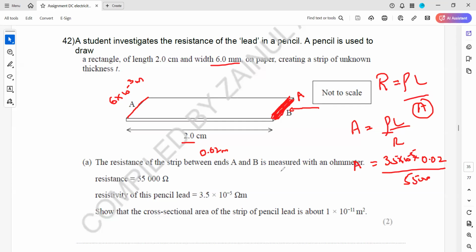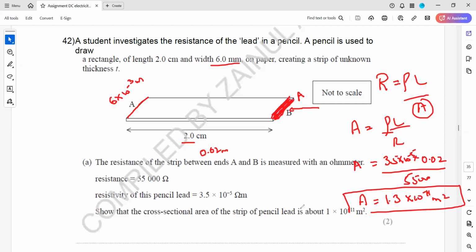So what's the cross-sectional area? 3.5 × 10^-5 times 0.02 divided by 55,000. So it is 1.3 × 10^-11 meter squared. Is it clear how we worked out the cross-sectional area?